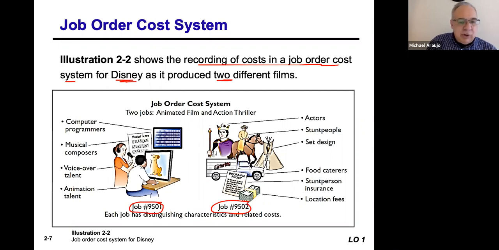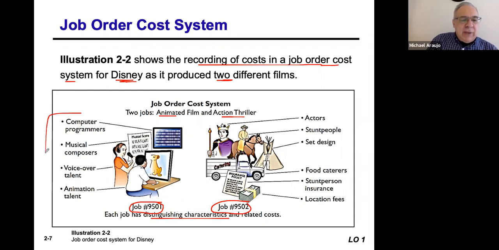They're distinguished in that way. Okay. One job might be an animated film, so it has its distinguishing characteristic here. And this other might be an action thriller.